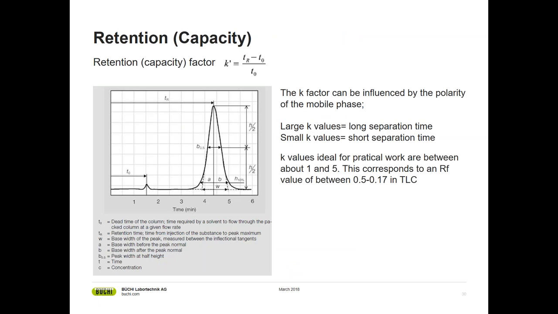The lower the concentration of the strong solvent, the longer gets the separation, and hence we get high k values. Shorter separation times are given with a higher concentration of the strong solvent. And ideal retention factors are between 1 and 5, because this corresponds to our Rf values in TLC between 0.5 and 0.2.